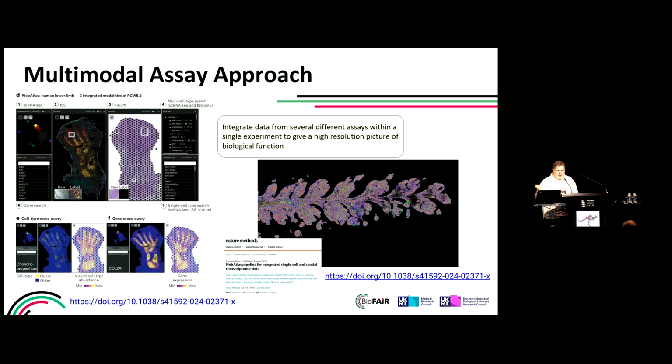One is the Web Atlas initiative from the context of the Human Cell Atlas. In this scenario, it's spatial transcriptomics and single-cell RNA sequencing data that has been overlaid and resolved at a cell location level.